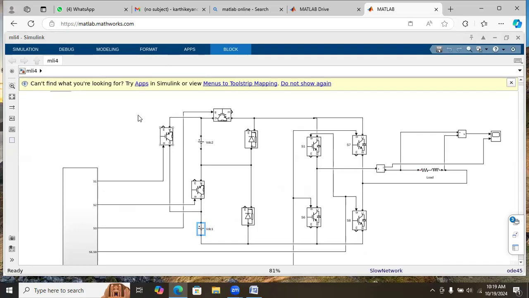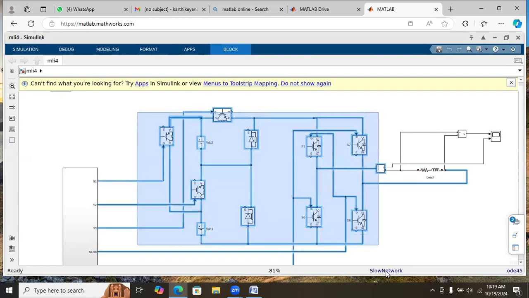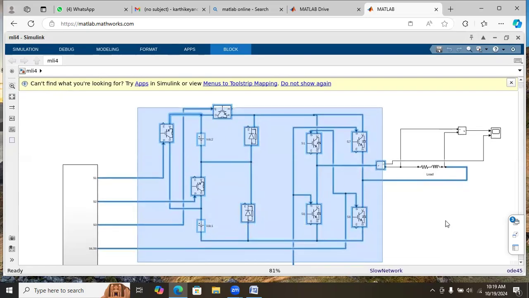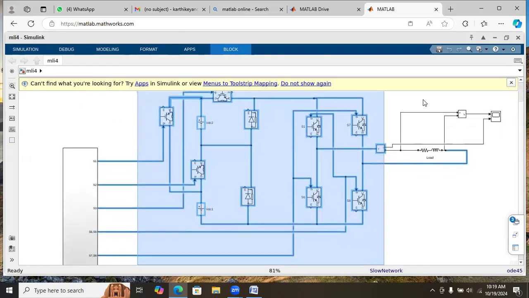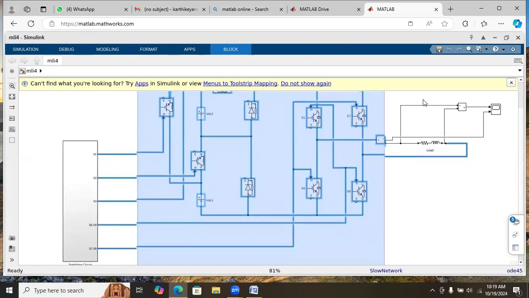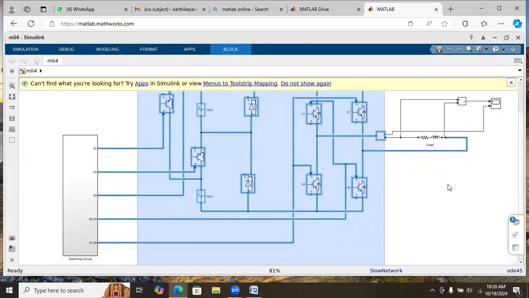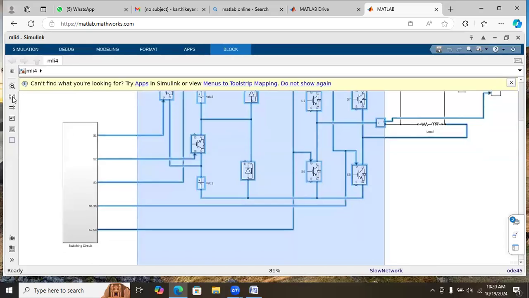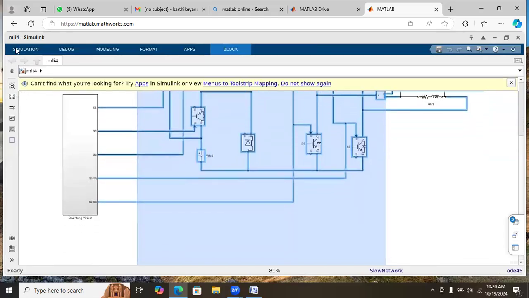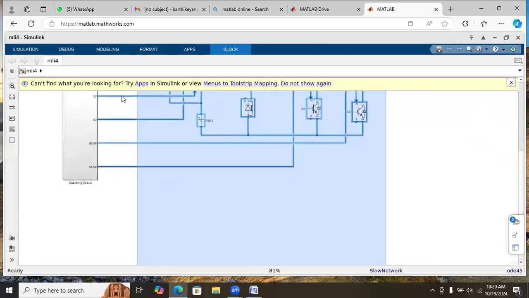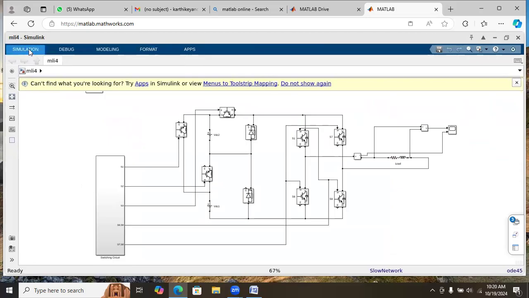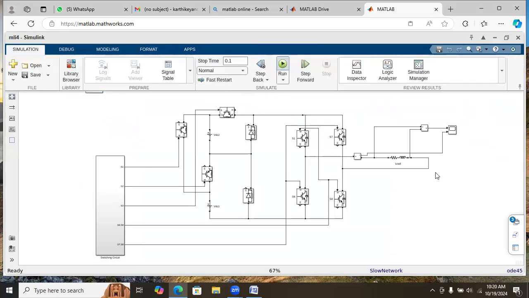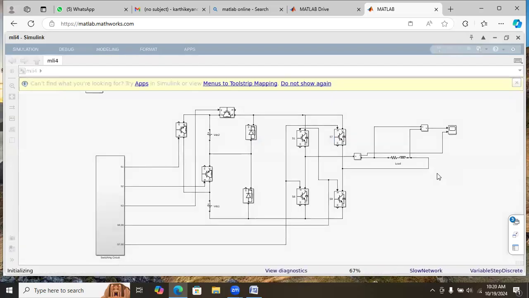By changing that, we can get the number of switches as 3 plus 4, 7 switches. So initially it was 10, then it was reduced to 9, and then it was reduced to 8. Now we are getting 7 switches. Again, we will run the simulation to check whether we are getting the same outputs.